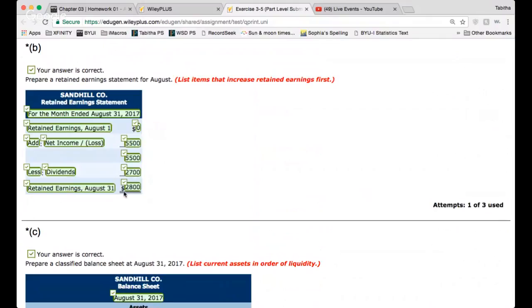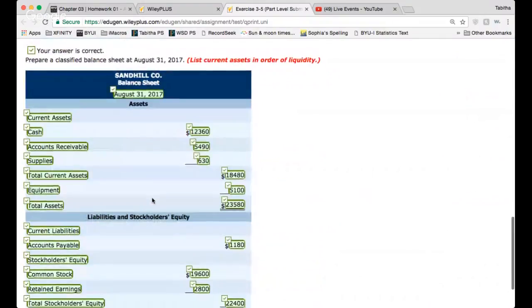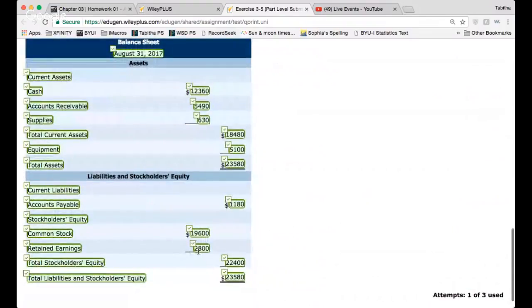So our total retained earnings for August 31st was $2,800. So we enter that in here, add those two together, the common stock and retained earnings, for a total stockholders' equity of $22,400.